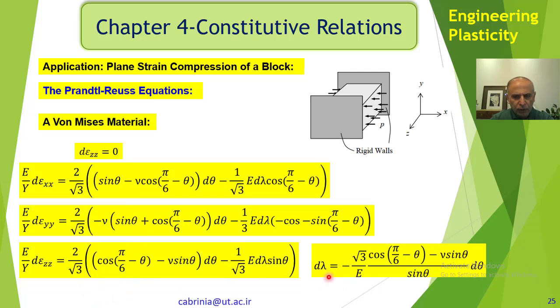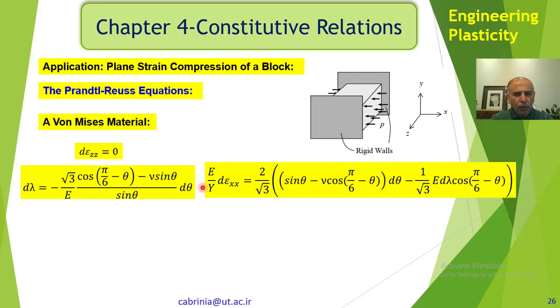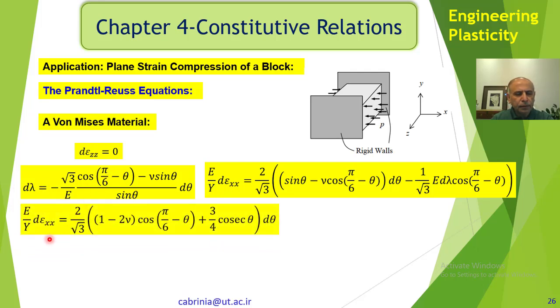Usually we get the lambda and substitute here so that we get these values. So I get the lambda from here because that's 0 and everything else is known. So that's the lambda, and so I've got this equation for the epsilon XX, and I substitute here for the lambda.